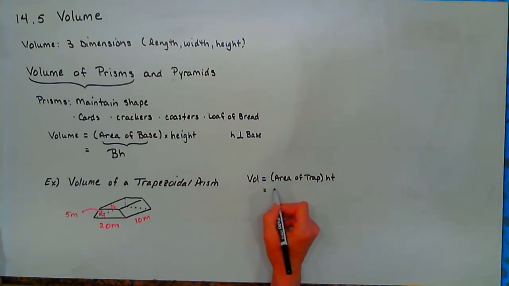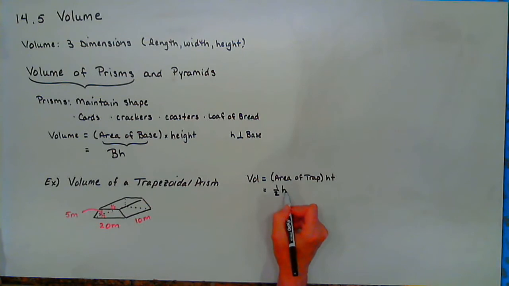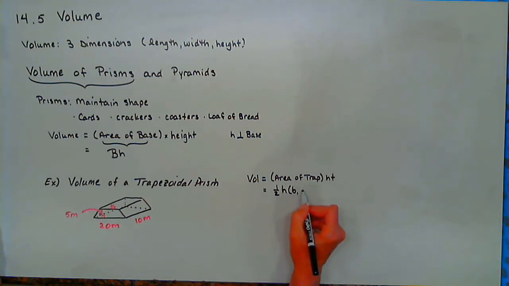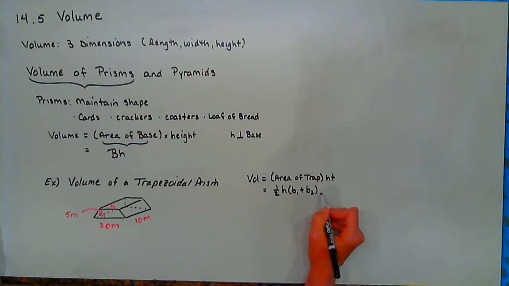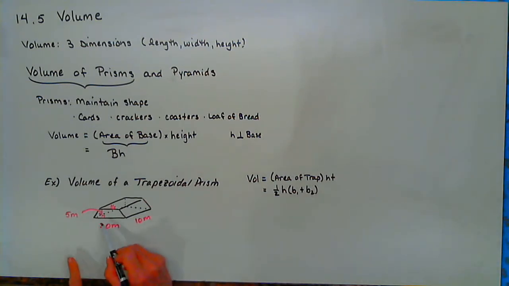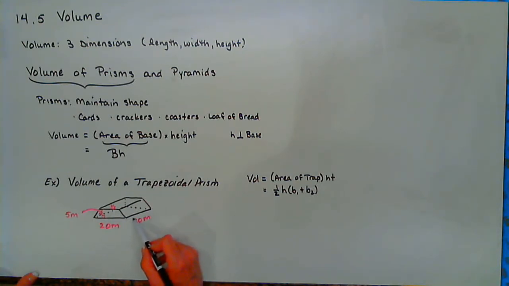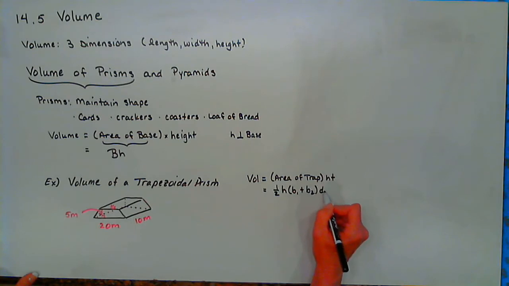The area of a trapezoid is 1/2 the height of the trapezoid times the sum of the bases. I don't want to use the word height twice, so I'm going to refer to the height as the trapezoid height, and then multiply it by the depth, or how far back we go.